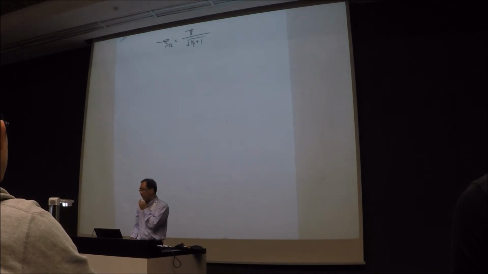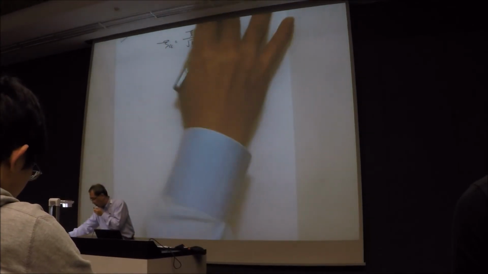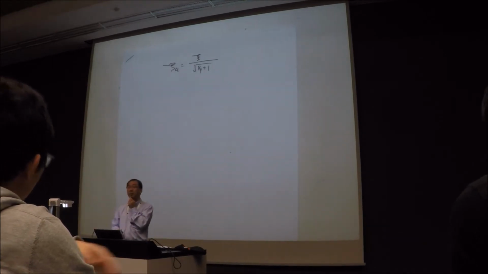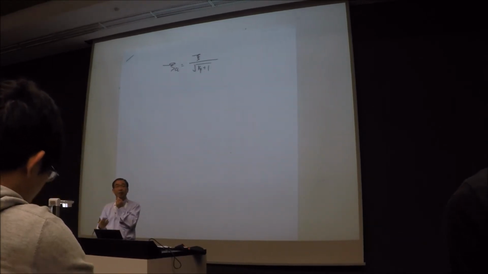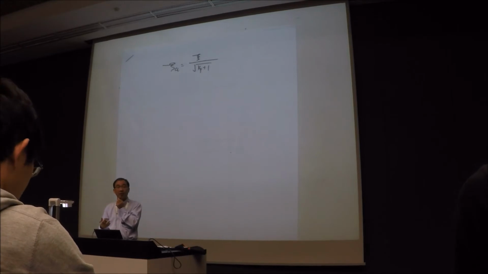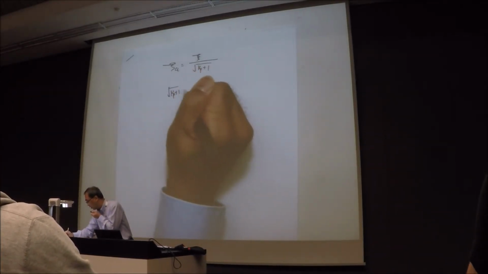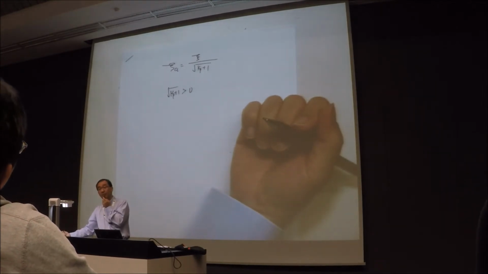Okay? So this is your closed loop damping. So zeta is your open loop damping. So what can we say about your closed loop damping if we do not have the Kd term? By looking at this, we do know that the square root of Kp plus 1 is always greater than 0.